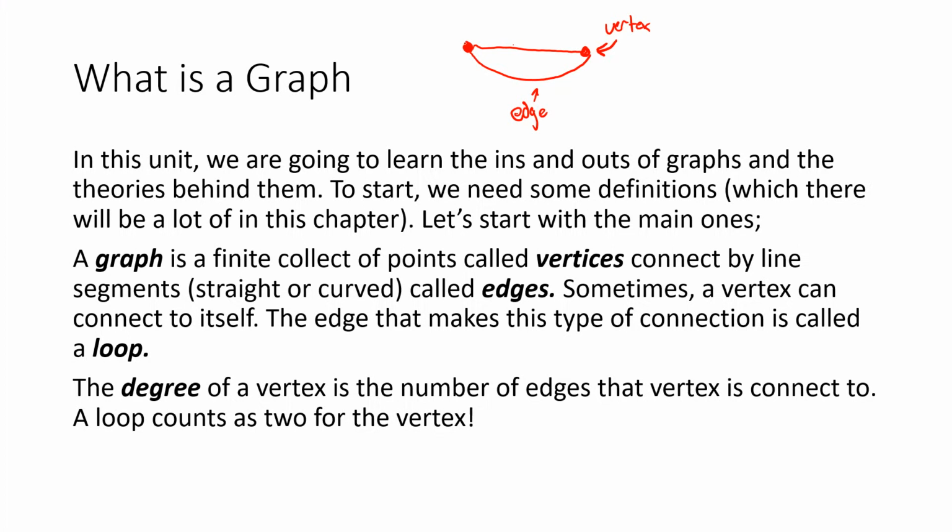Now this edge right here is what I'm talking about when I say a loop. But this is not a loop because it's not connecting a vertex back to itself in one edge. A loop is one edge. So this is a loop. This is not a loop. That's just two edges, okay?